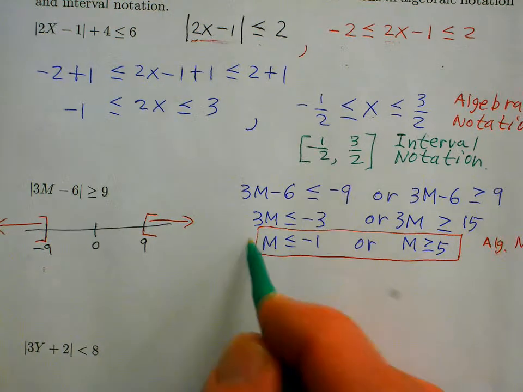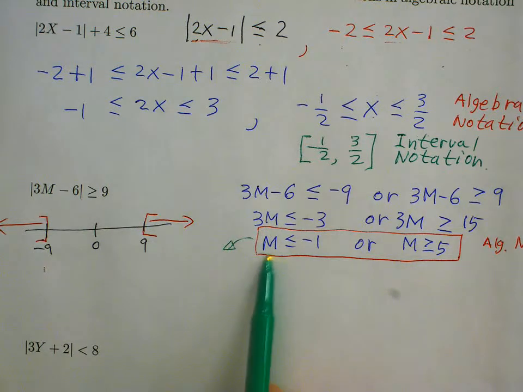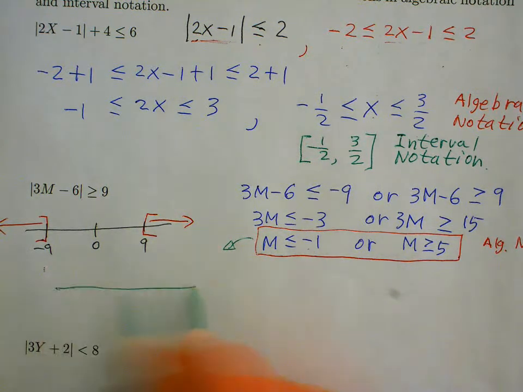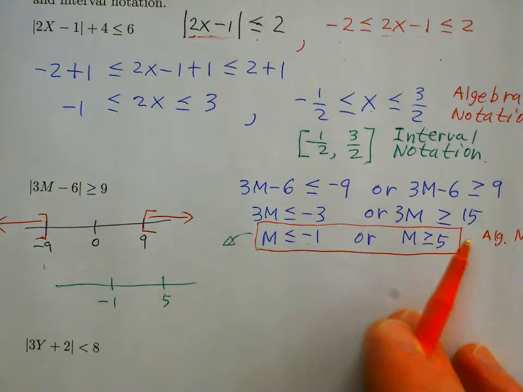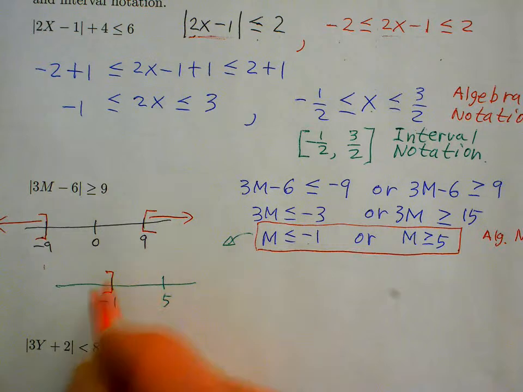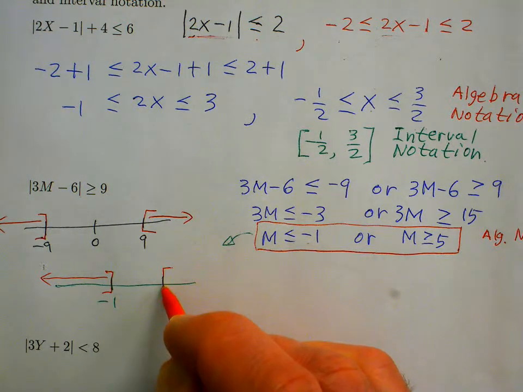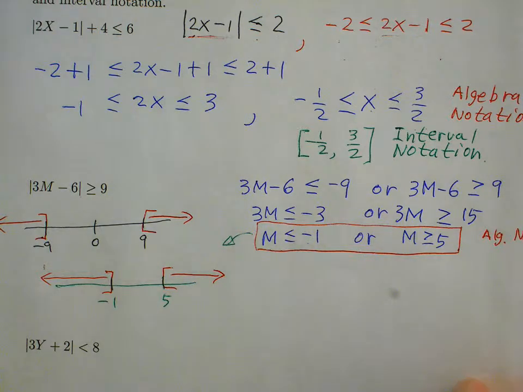The graph for the solution m, well, if m is less than or equal to negative 1, and m is greater than or equal to 5, then the graph has a bracket at negative 1 and shade to the left. The other part is a bracket at 5 and shade to the right. So this is the graph of the solution for m, right?